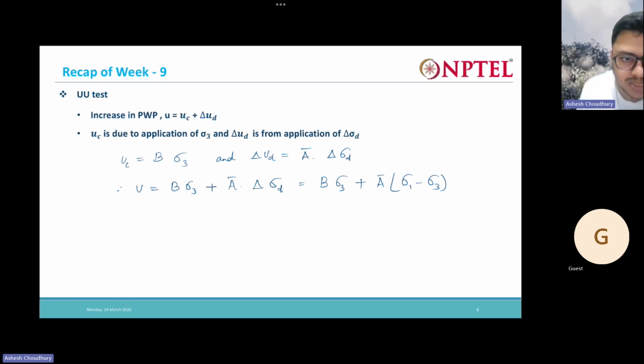You already know Uc by sigma 3 is nothing but B. And delta Ud is A bar into delta sigma d. We already discussed this. So total U can now be written as B into sigma 3 plus A bar delta sigma d. You are just substituting Uc and delta Ud. Now what is sigma d? Sigma d is nothing but sigma 1 minus sigma 3. You already know that also.